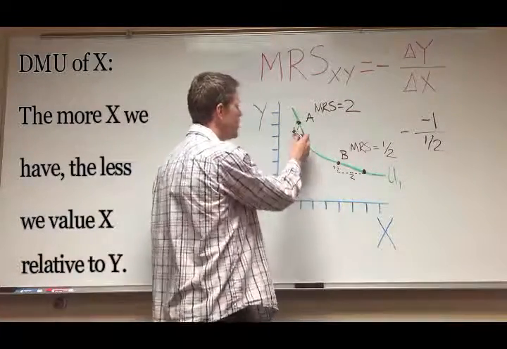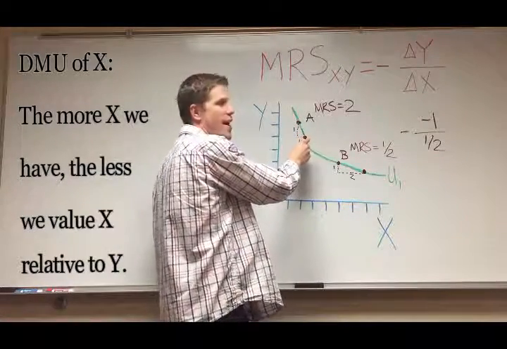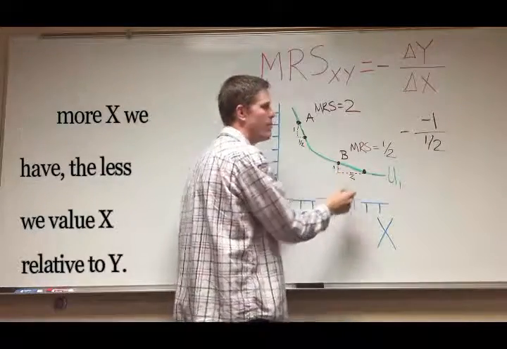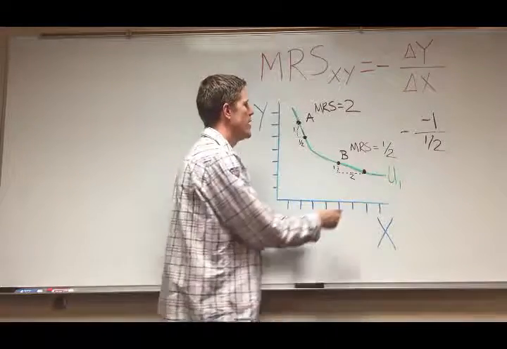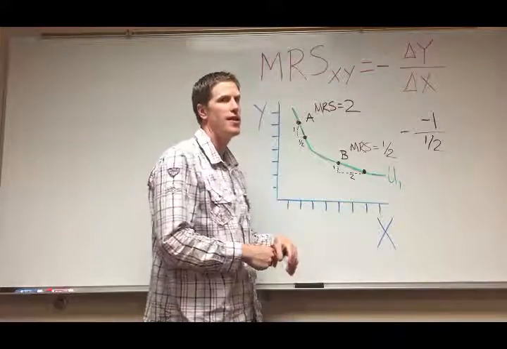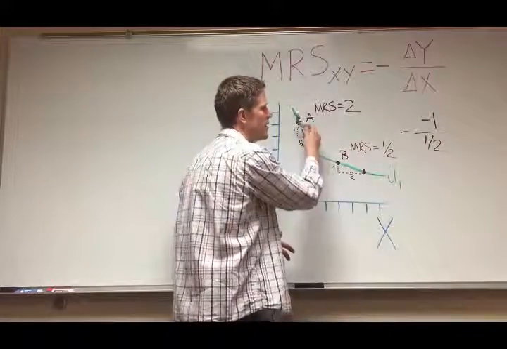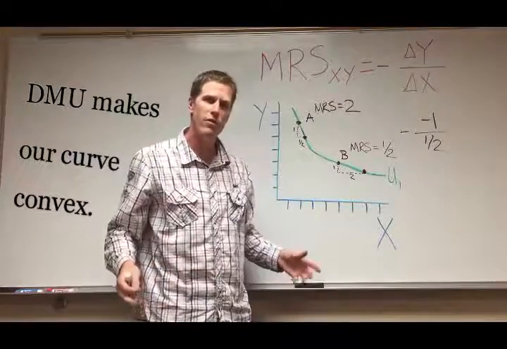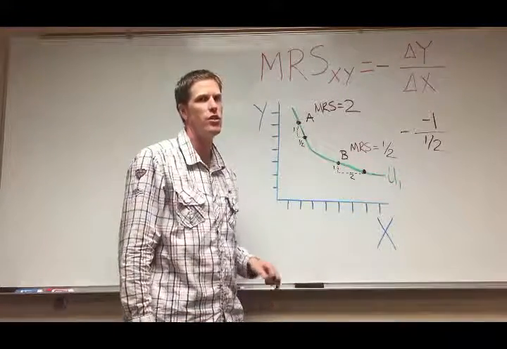Here, x is valued more than y: 1/2 x is worth 1 whole y. Whereas here, as we've gotten a lot more x, 2 x is worth 1 y. So x has diminished in how much utility we get from it. This is what gives us the curve of the indifference curve, that assumption that we like variety, or the fact that we have diminishing marginal utility.